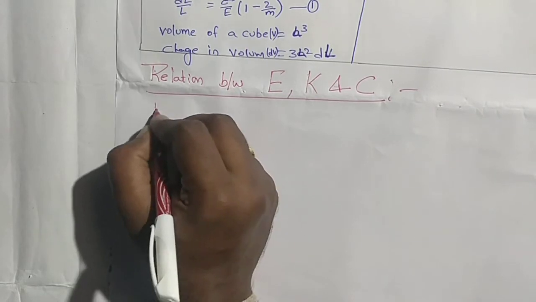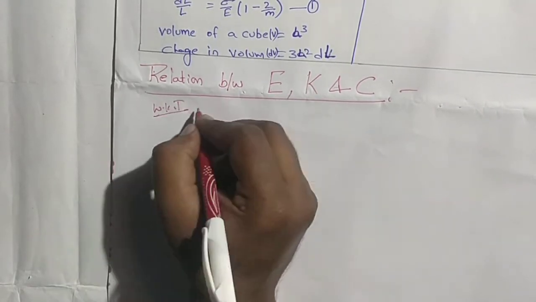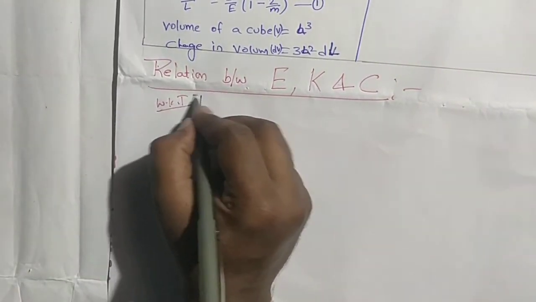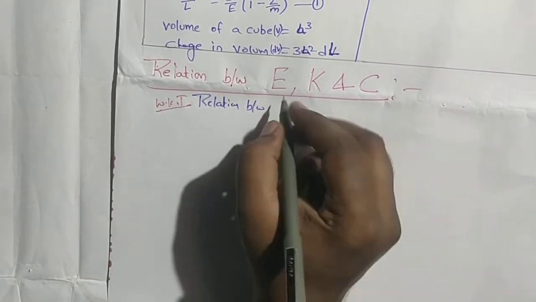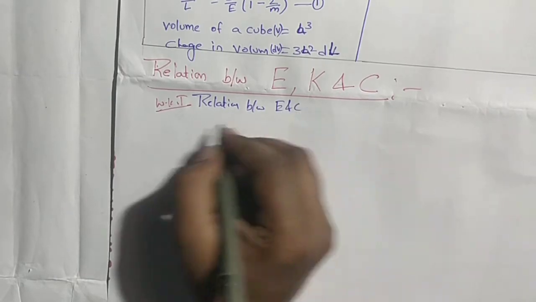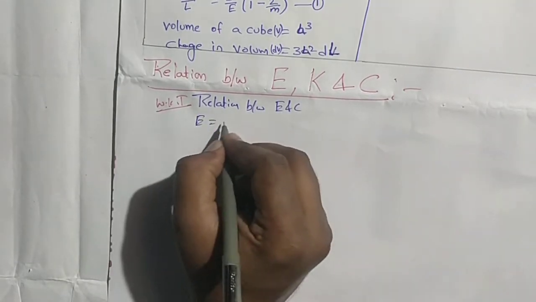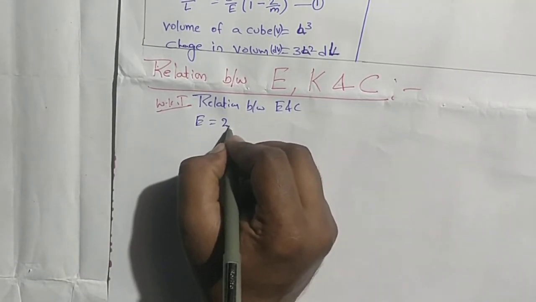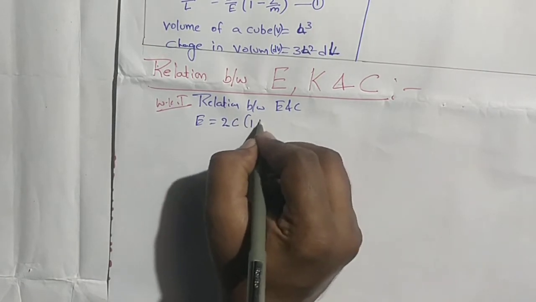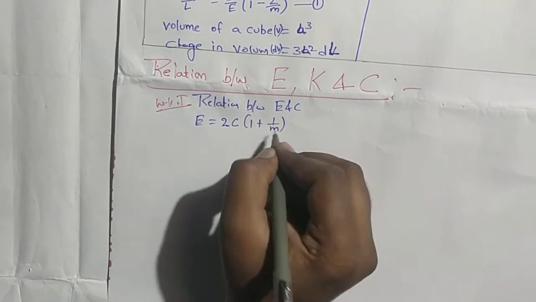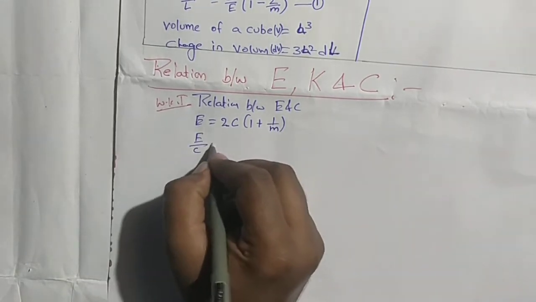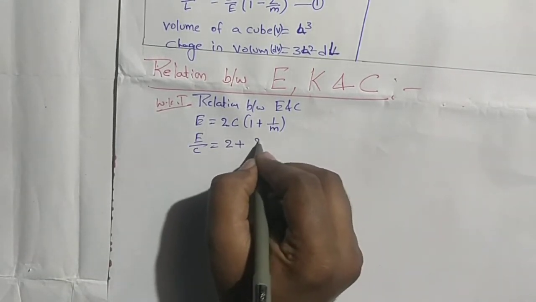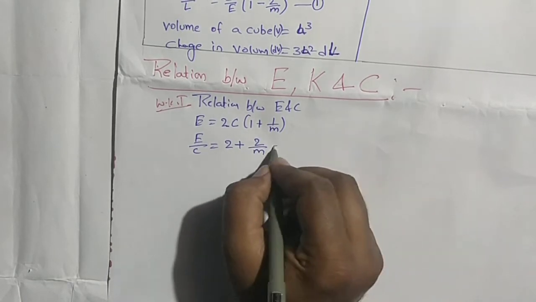We know that the relation between E and C is E equals 2C into 1 plus 1 by m. From this equation, E by C equals 2 plus 2 by m.